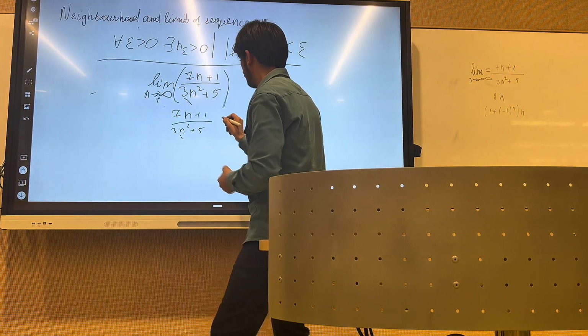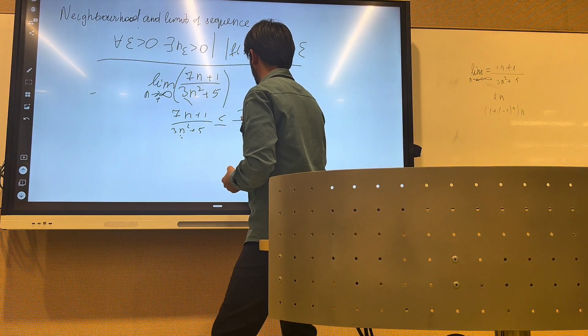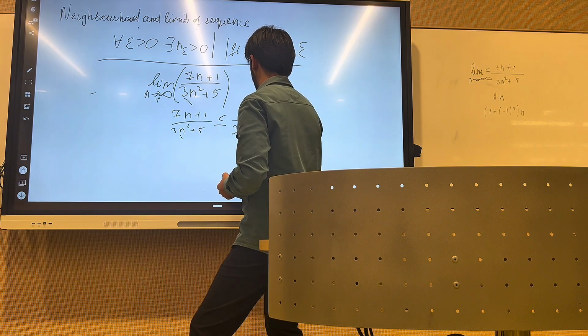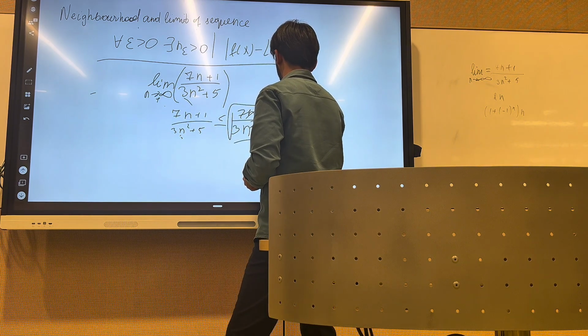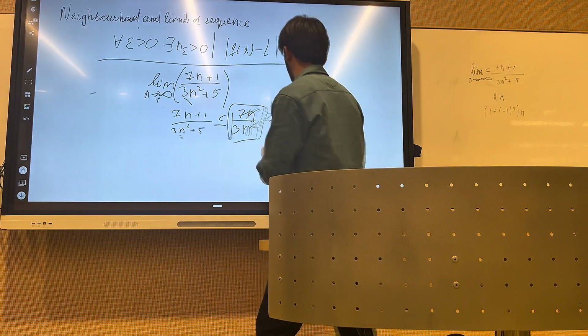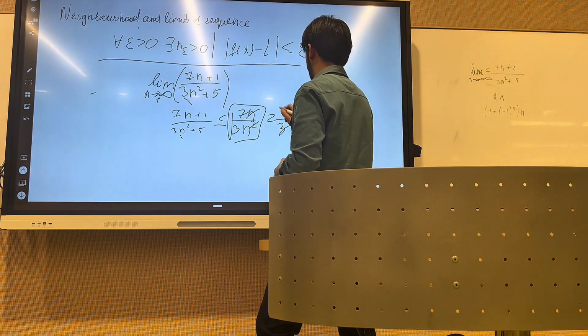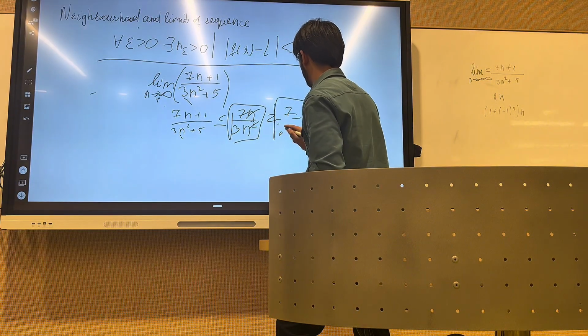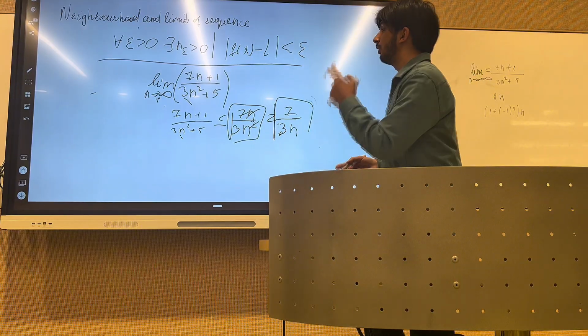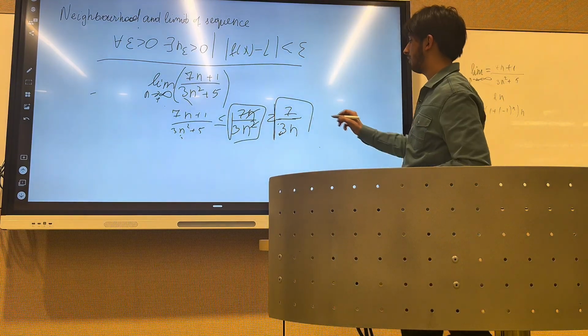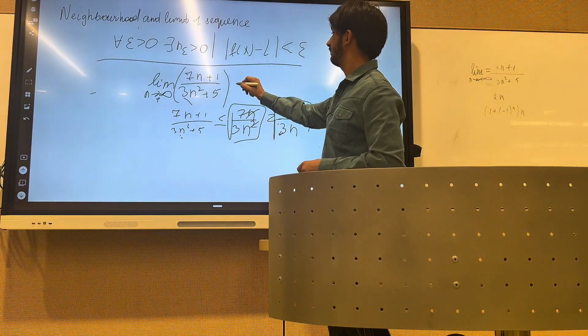And we can also show it like this: 7n over 3n squared, and n cancels. 7 divided by 3n. And as n goes to positive infinity, our fraction equals 0.